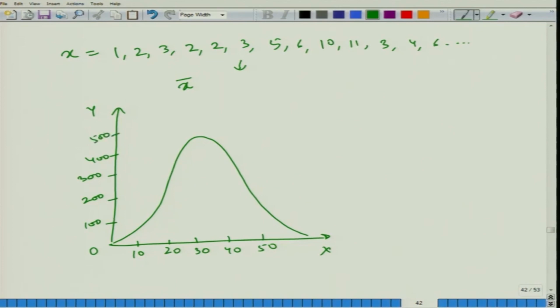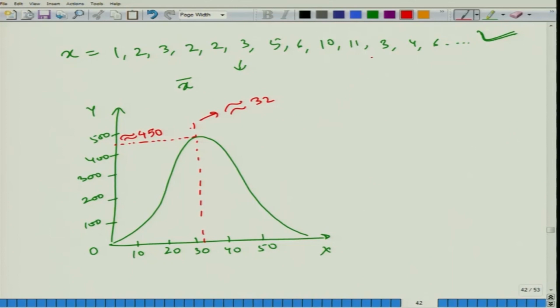Now, if I ask you what the mean was in this particular case, you would very easily say that the mean is close to around 32, and if I asked you how many values of y corresponded to this value of x, you would very easily tell me that it would be somewhere around 450. So, this makes understanding of these data very intuitive.